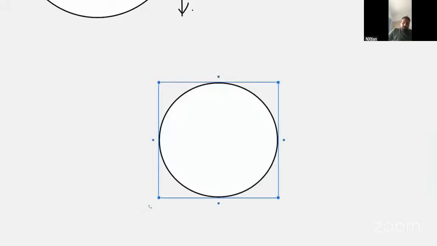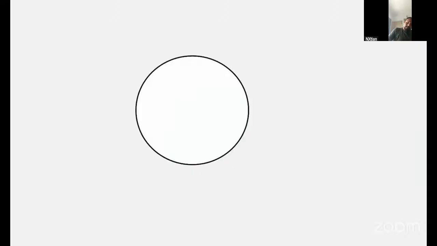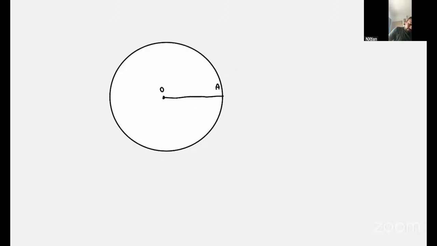Okay. For example, this is a circle O, and this is a radius A. There is one point P. A circle has infinite points, and we know that a tangent is that line which touches only one point.